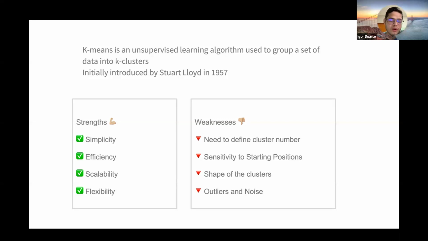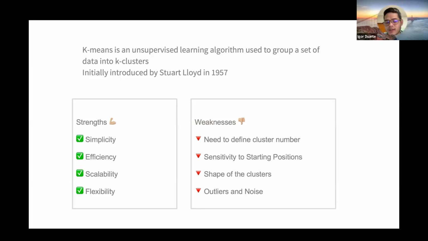So the algorithm follows basically some steps. We start with initialization. You choose the k initial centroids, which can be selected randomly. The second step is cluster assignment. Assign each data point to the nearest centroid, forming k clusters.